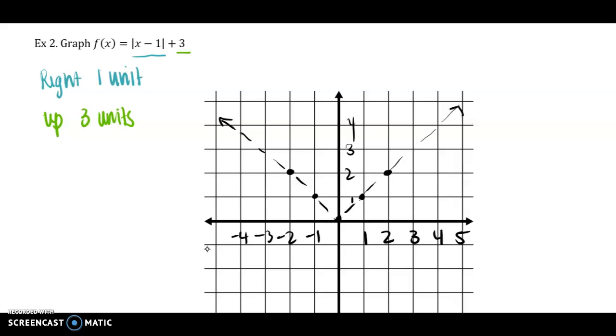So right 1 unit and up 3. There's the original. All right, so I went ahead and moved everything over. Right 1 and up 3. And then I'm just going to go ahead and erase that scratch work. And then that's it. That's my transformation.